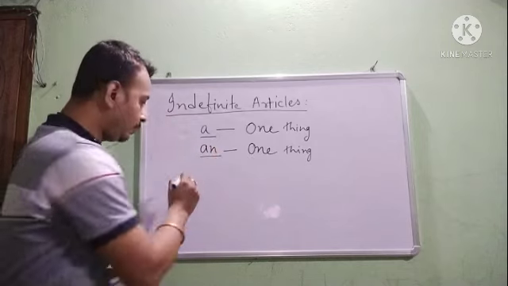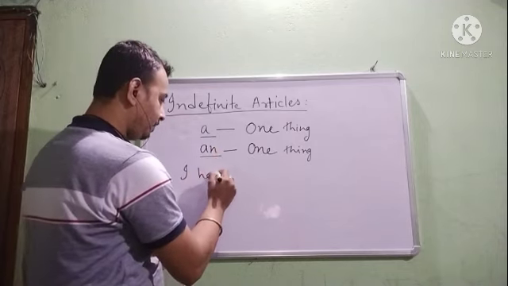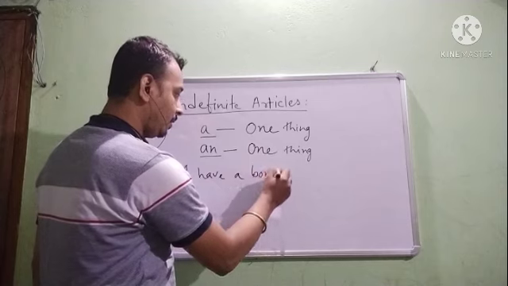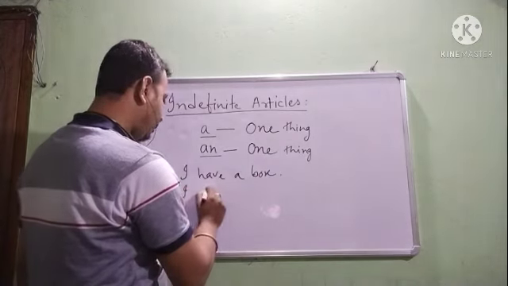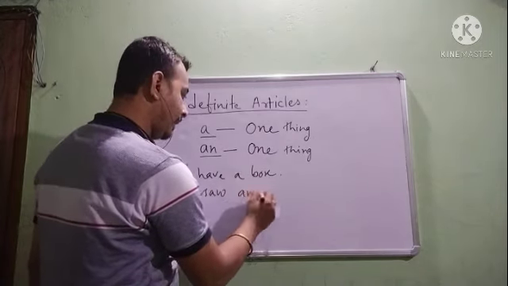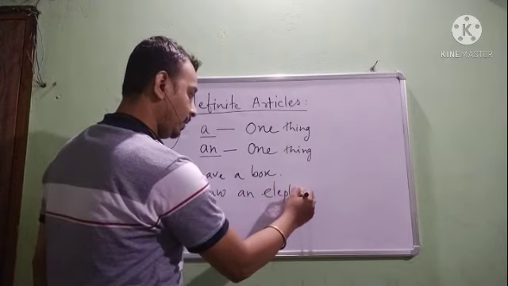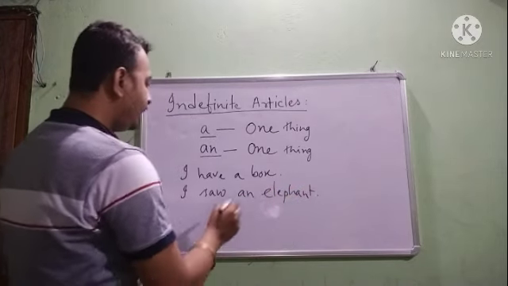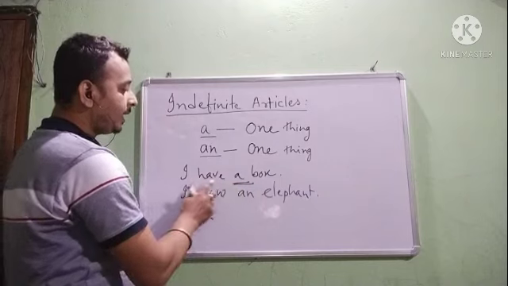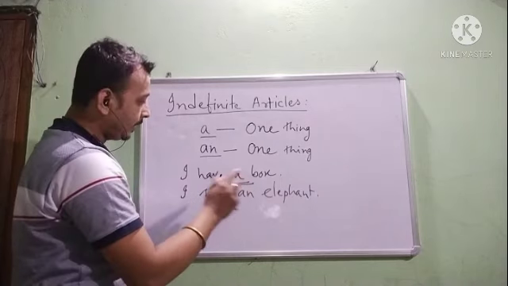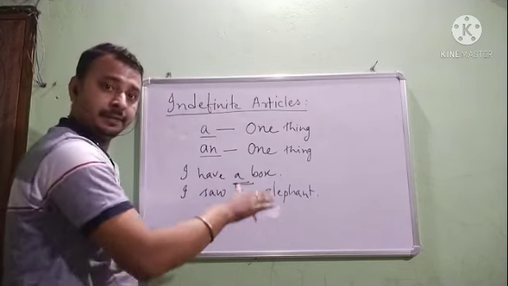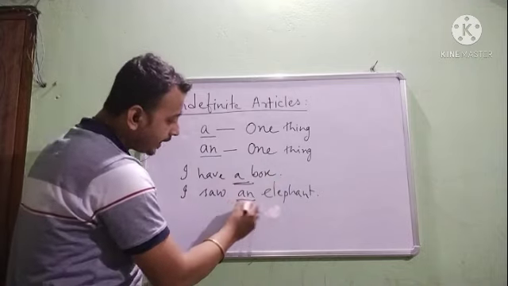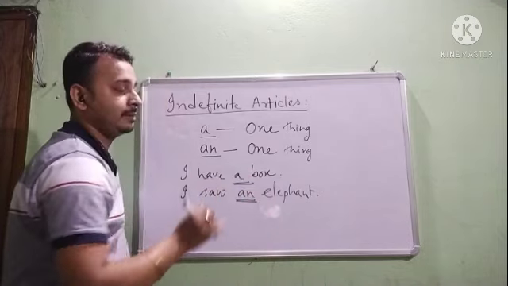Why do we say I have a box, or I saw an elephant? In these two examples, can we not say I have an box, or I saw a elephant? Why did I use an here, and why did I use a here?